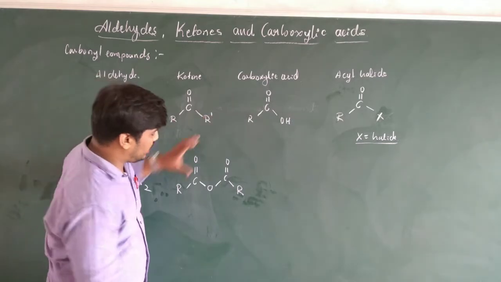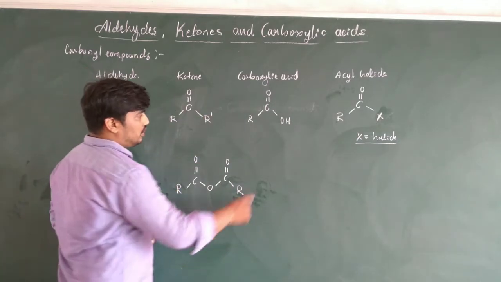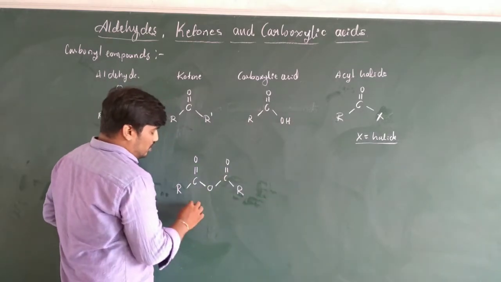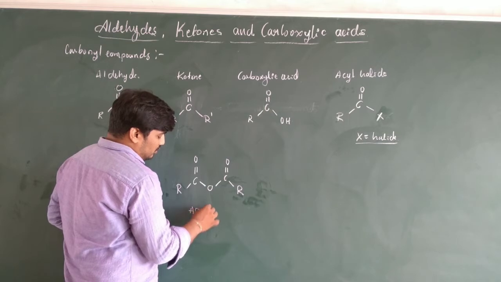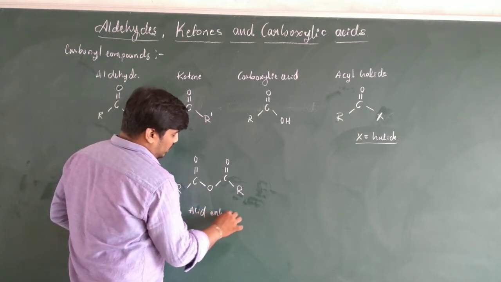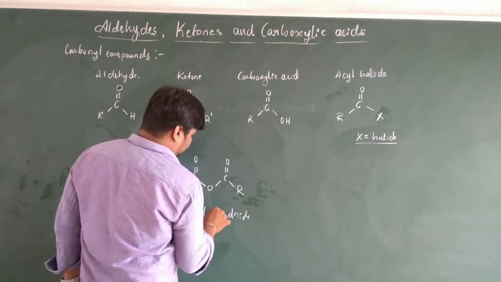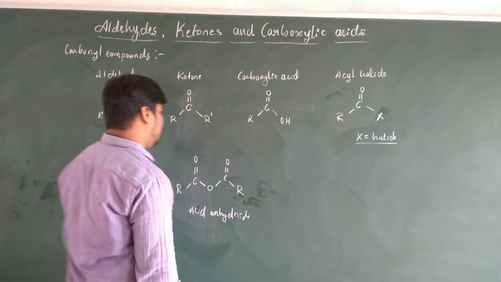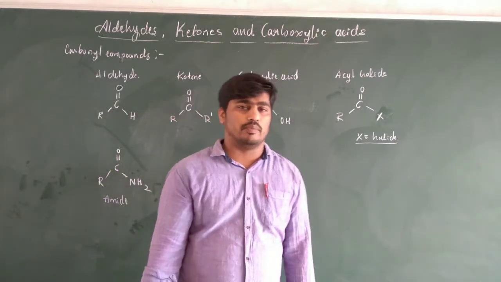Two carboxylic acids join with the loss of oxygen and hydrogen. So loss of water, anhydride, acid anhydrides. So it is also a type of carbonyl compound.